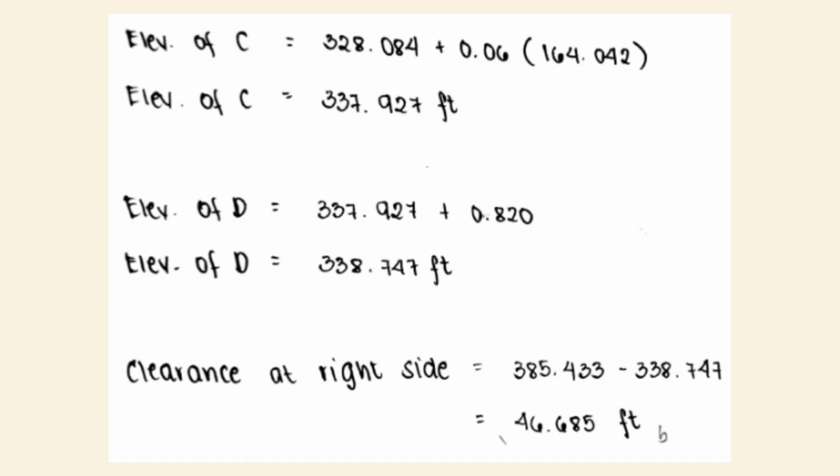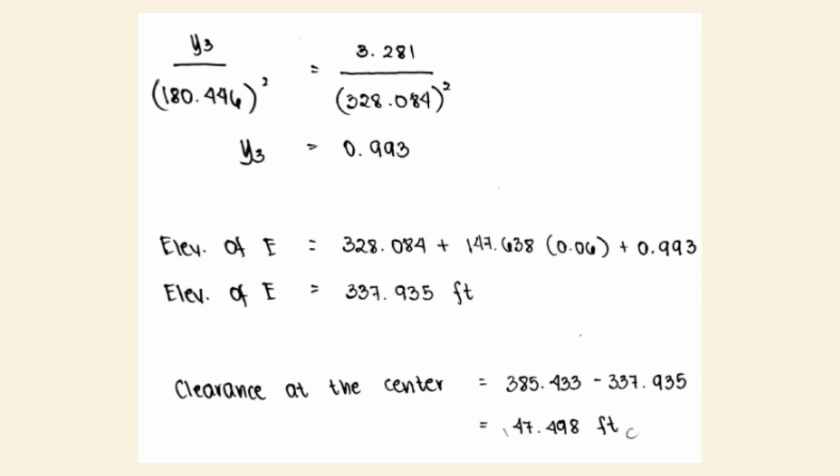So it is simply the elevation on the underside of the bridge minus the elevation of D. So it is 385.433 minus 338.747. So the clearance at the right side of the bridge would be 46.685 feet.